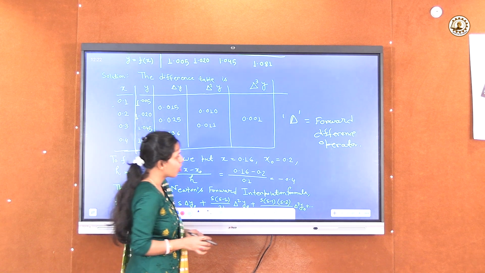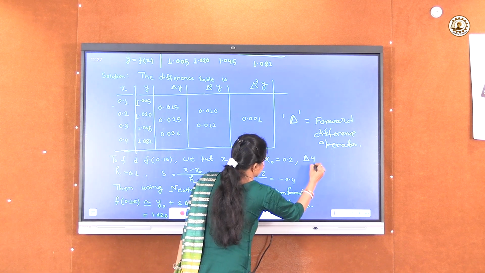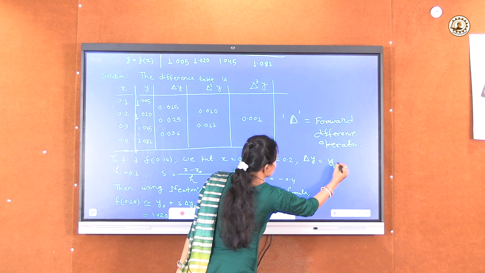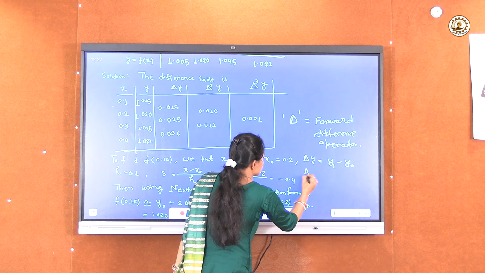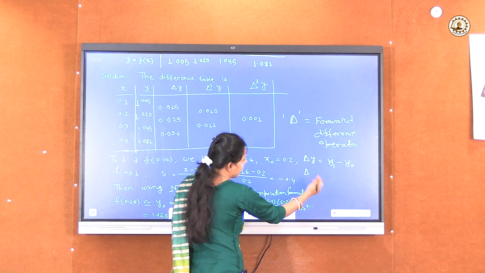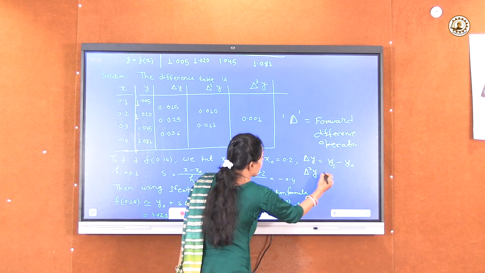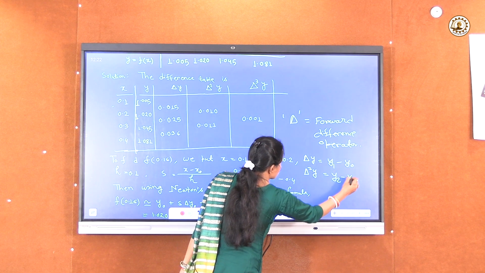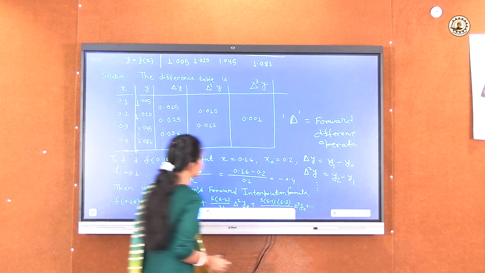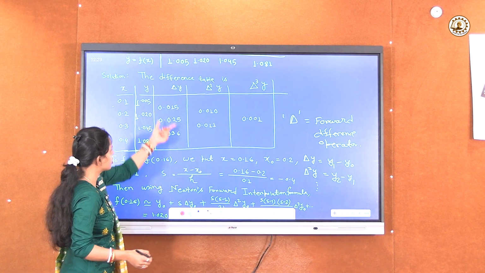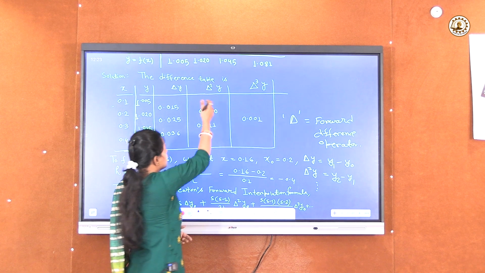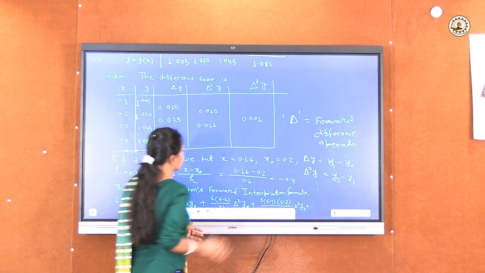What is the forward difference operation? Delta y0 is equal to y1 minus y0. For a degree higher than 1, delta square y0 is y2 minus y1 and so on. This process continues with delta square y and also delta cube y.